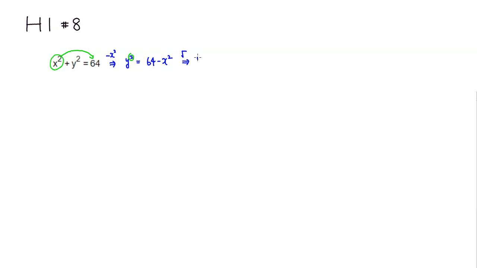Whenever you take the square root, we have to worry about the positive and negative version. So it's going to be plus or minus the square root of 64 minus x squared.